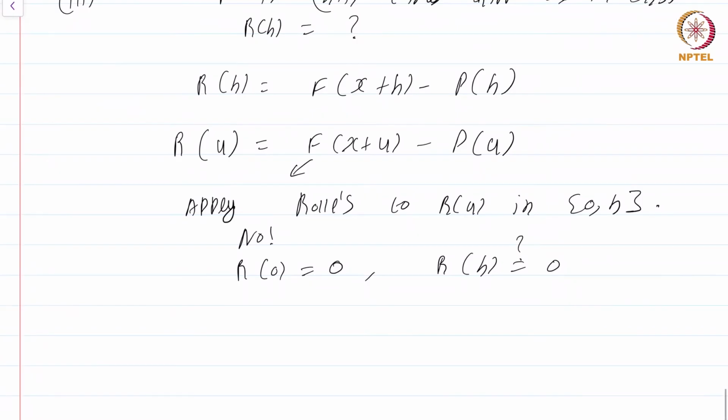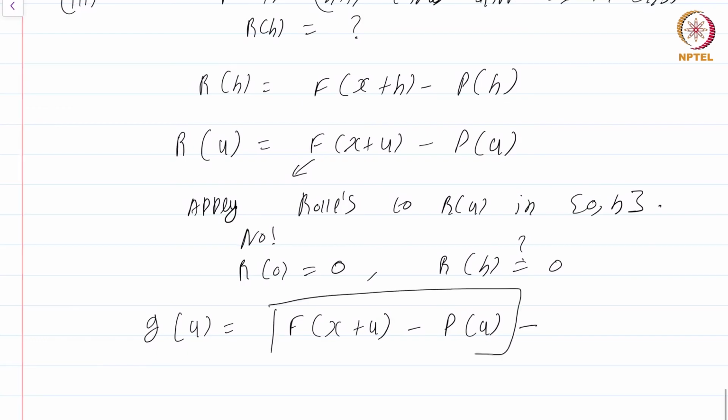So what we do is we consider this new function g of u, which is just going to be f of x plus u minus p of u minus something to make the value at h 0. But if I make the value at h 0, I will be modifying these first few terms at the point u equal to 0 also.